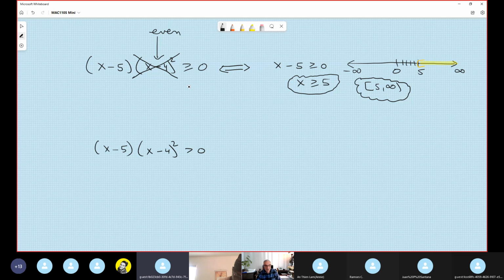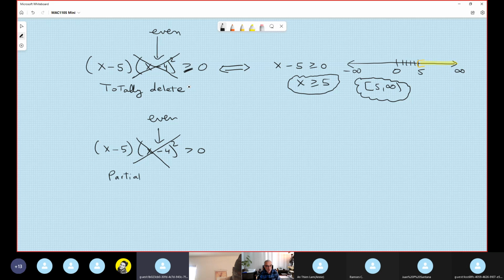I saw that this is even, nice, no problem, now I delete. No. When you have equal, you can totally delete. And when you don't have equals here, you delete, but partial delete.